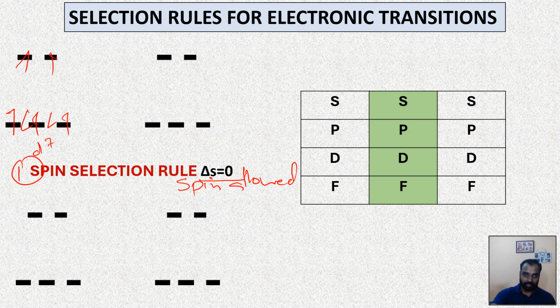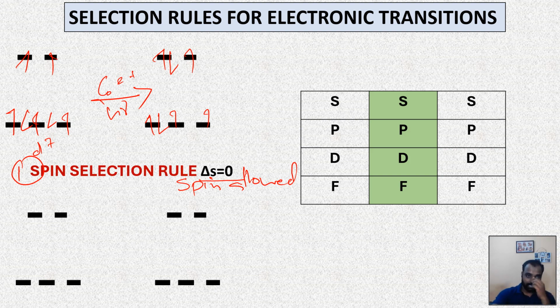Here, the d7 electron system, that is cobalt 2 plus, absorbs some amount of energy in the UV-visible region, and the electron is promoted into an excited state, that is 1, 2, 3, 4, 5, 6, and the last electron is promoted into an excited state and goes into an anti-parallel state.